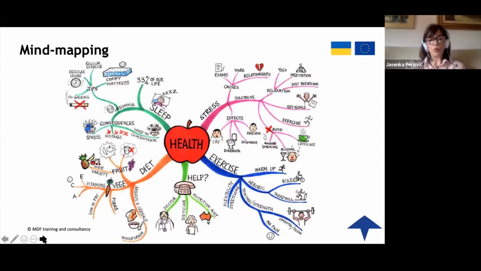One of the useful tools that can help you is mind mapping. I'm not sure if you are familiar with this tool, I'm sure you are, but basically it can help you visualize, after you read the guidelines for applicants, after you attended our information session and the thematic sessions.